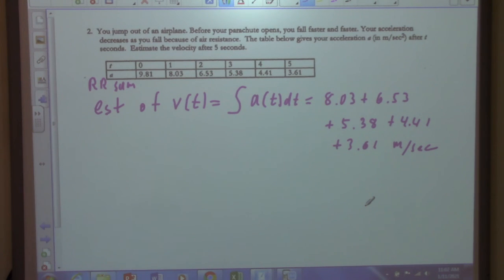Okay, and then what is the left Riemann sum going to be? If I have like an example, I've got 4, 7. So the left Riemann sum is going to be this.